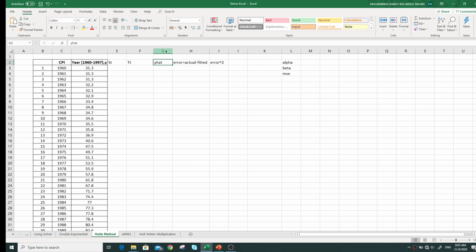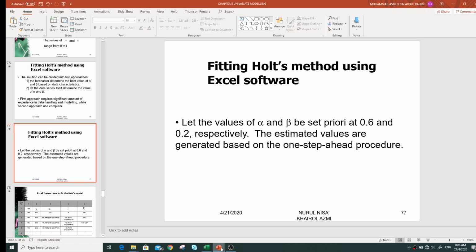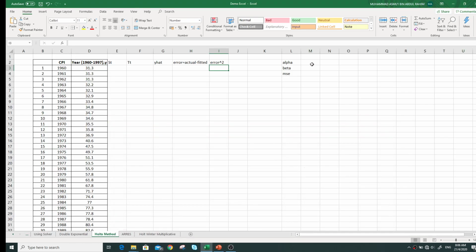Y hat here is the value that we produce based on St plus Tt times 1. For the estimation process we will use m equals 1. The error is actual minus fitted, and error square is for calculating the MSE. Alpha here is 0.6 and beta is 0.2.